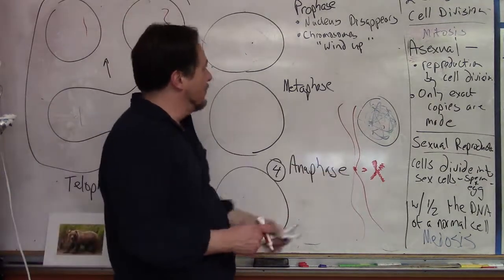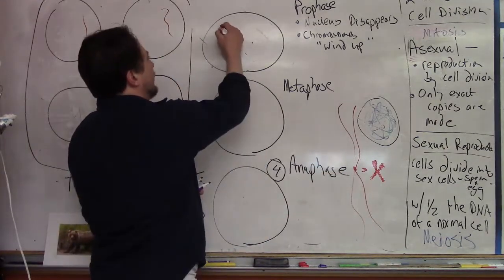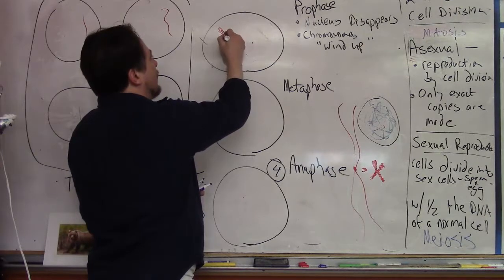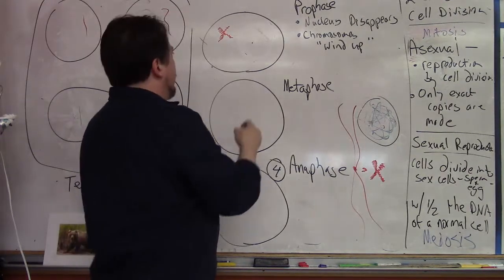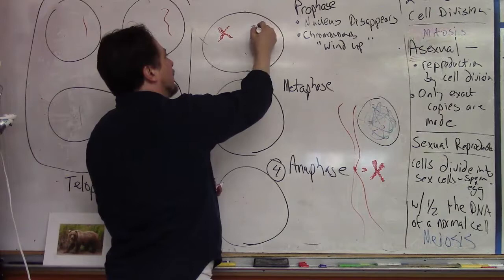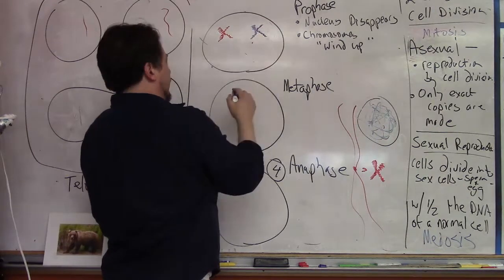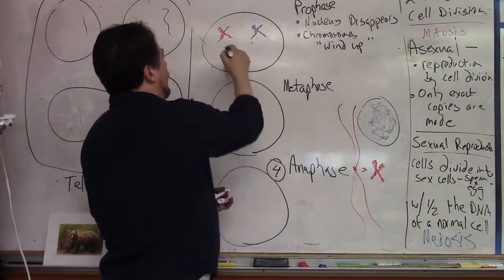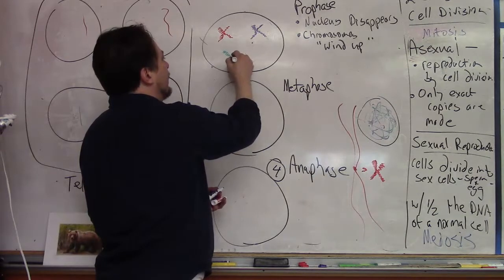And so all the chromosomes are going to wind up in prophase, and we end up with 4 of these little structures, which are not called chromosomes at this point. They are called something else.